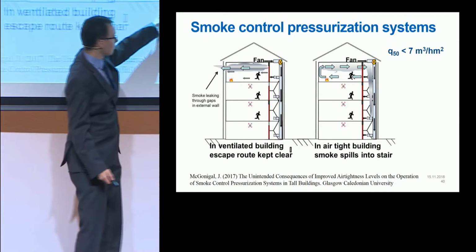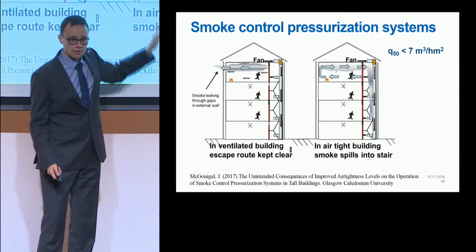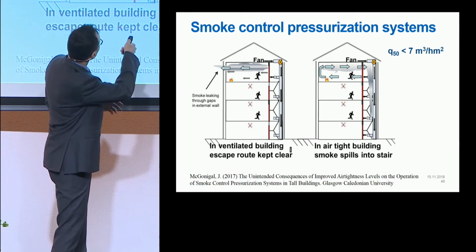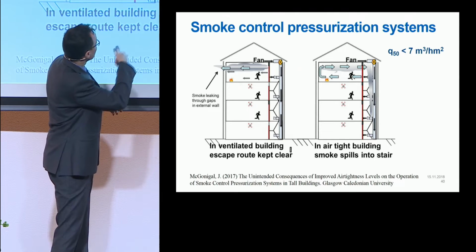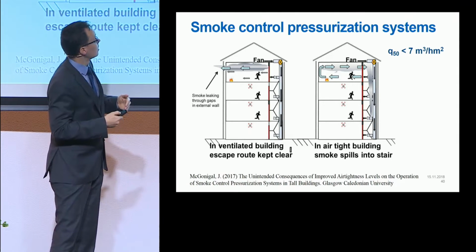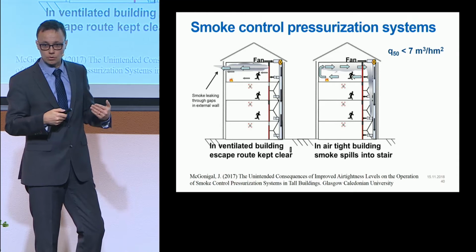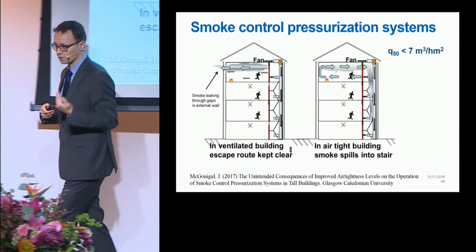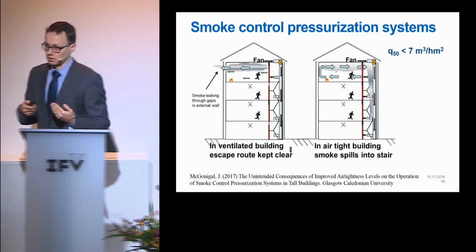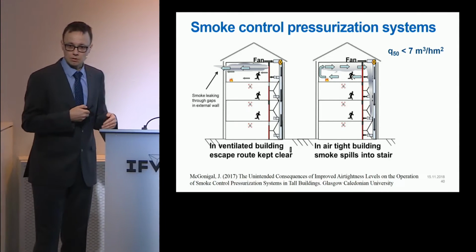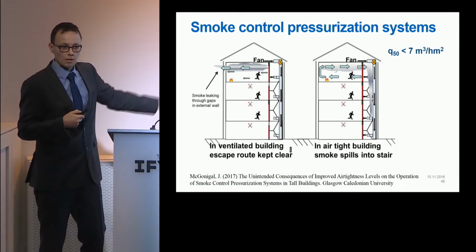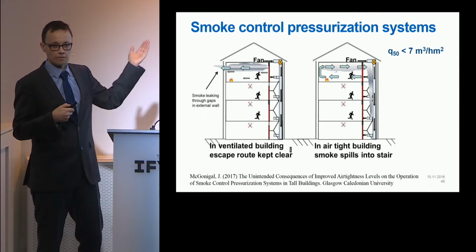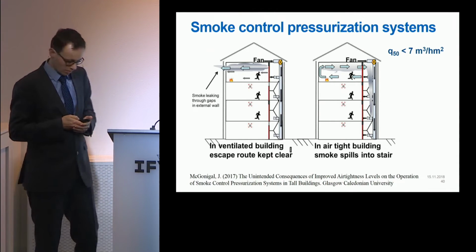Now, when the envelope is getting airtight, the smoke cannot flow out from the burning apartment, and it will actually flow to the staircase despite the existence of the pressurization system. So in airtight buildings, we need arrangements in the building wall, building envelope, to make sure that there is a path for the smoke to flow out.